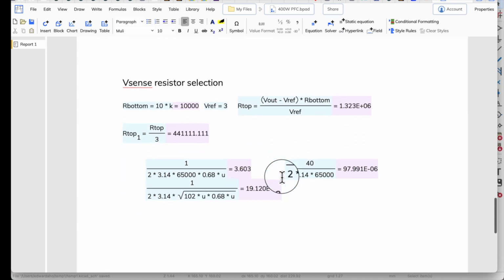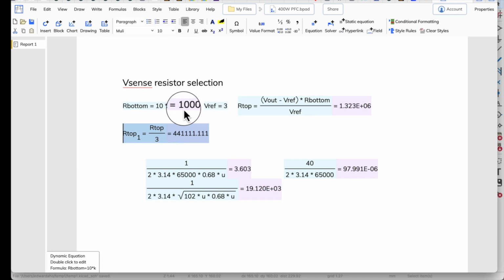Again, we're going to go through the design in another video. I'm just showing you the software, how I use the software. Now see, here's this guy. I'm trying to calculate resistors for the voltage set. So the bottom resistor is going to be 10K, and I solve for the top resistor, and that's 1.3 meg.